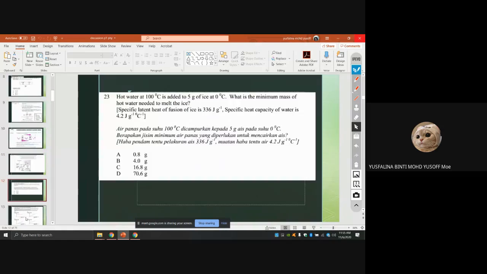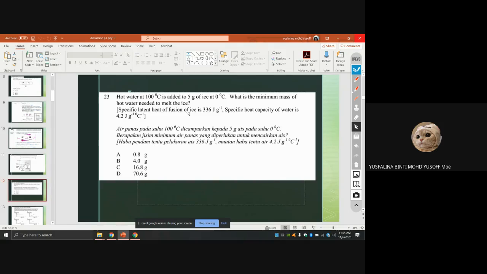So we try to answer this question, number 23. Hot water at 100 degrees Celsius is added to 5 grams of ice at 0 degrees Celsius.